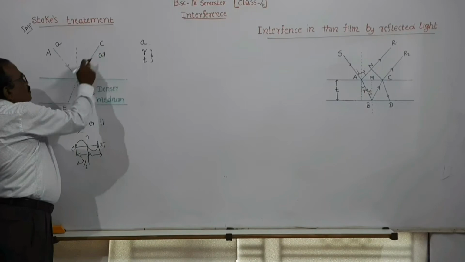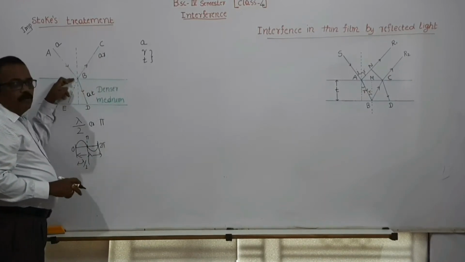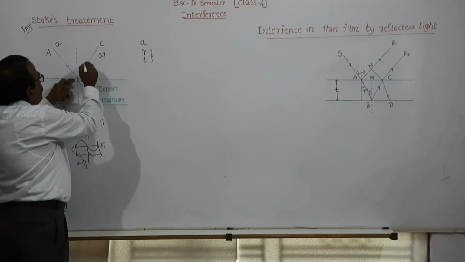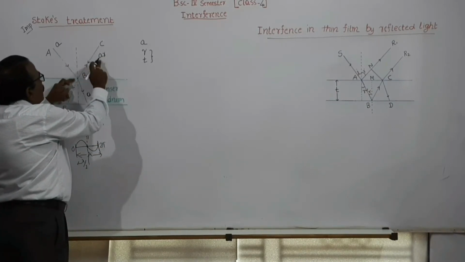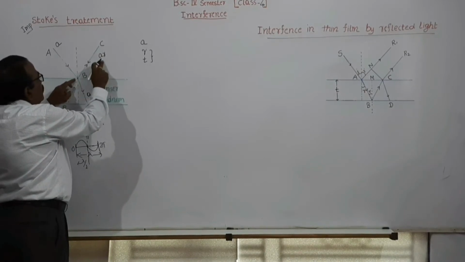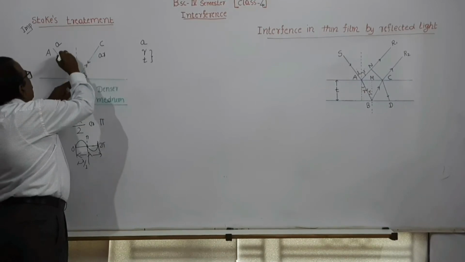If this BC is reversed, according to the principle of reversibility, the amount of light falling at B is AR. Part of it gets reflected. How much is reflected?